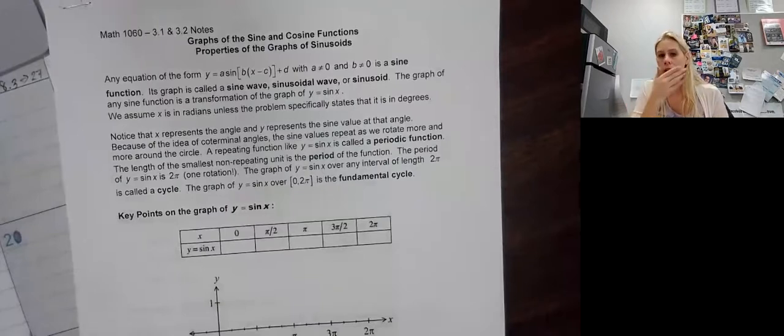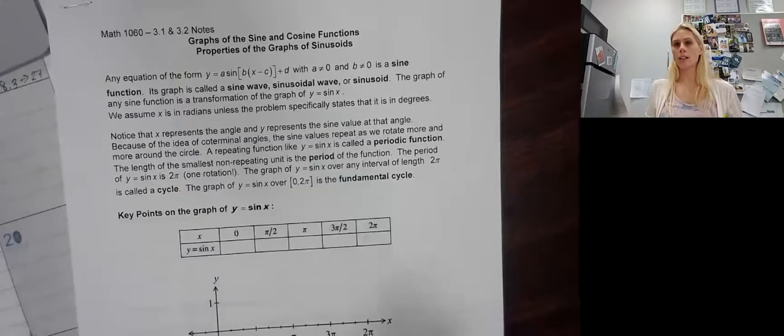But be very careful, because lots of these times the graphs want 2 periods when you graph, not just one. So you're doing 2 rotations. Now, the graph of y equals sine x over an interval of length 2 pi is called a cycle. So what happens within 2 pi?